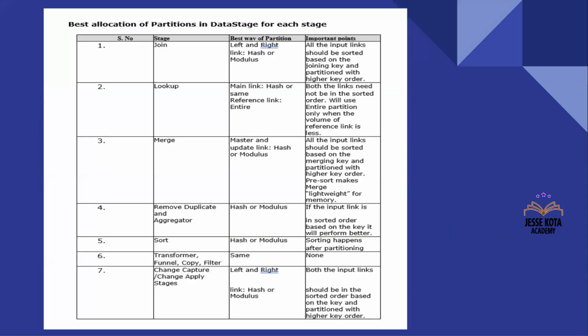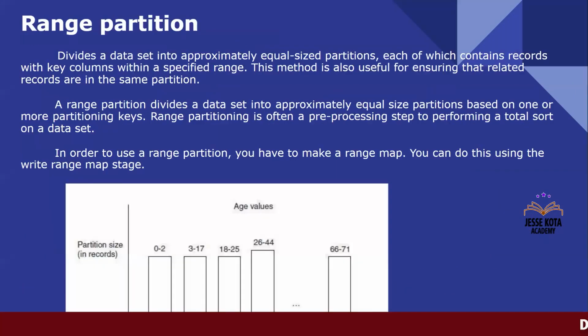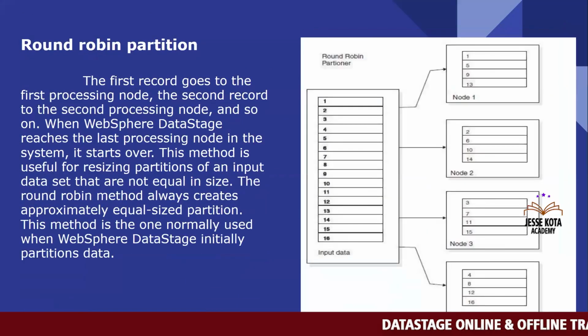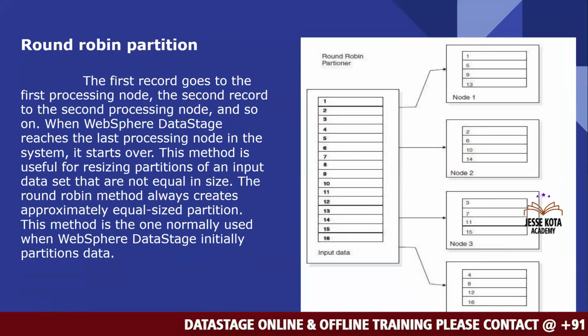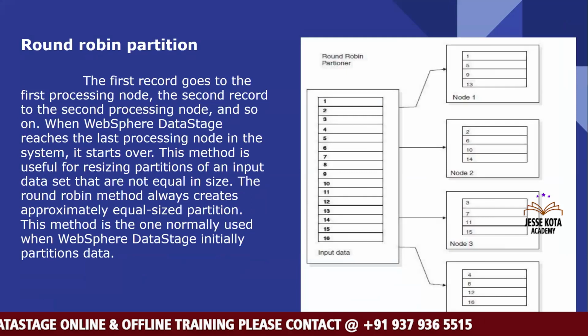For example, I have 16 input records. Suppose my job is running on 4 nodes, and I distribute the data across the different nodes. That is parallel mode.